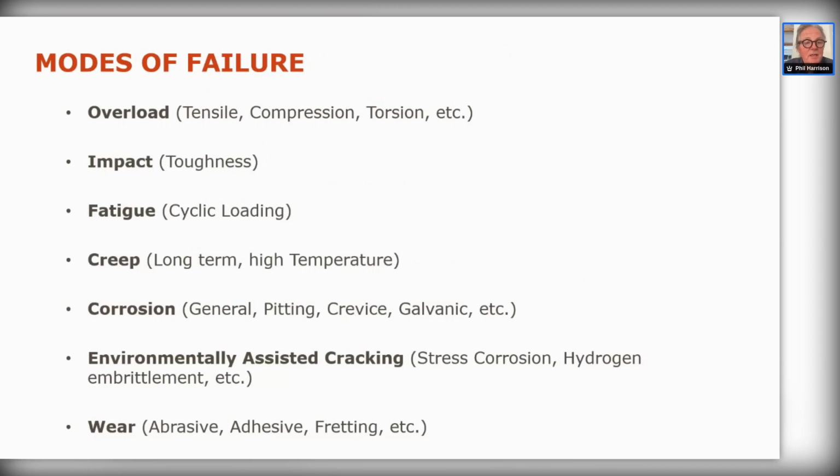Then we have impact failure. Generally, tensile failures are slow. They are where we are moving things slowly. Impact, as it says, is where you hit things quickly, give them a sudden knock with something. This is also called toughness testing. This is measured using what's called a Charpy impact test.